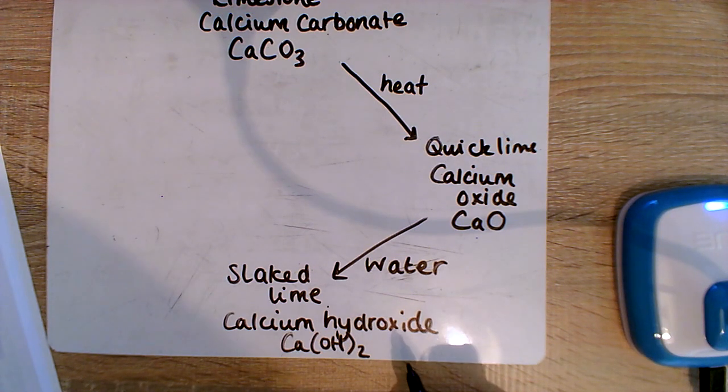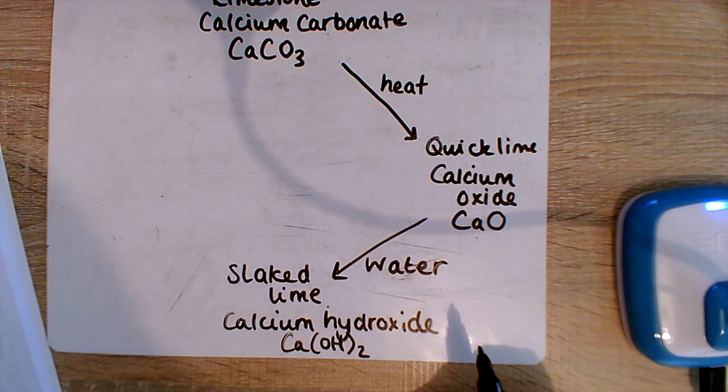So calcium hydroxide can be used to neutralise acidic soil. And as we can see, we're often used to seeing hydroxide when we come across alkali substances. So calcium hydroxide is an alkali substance.